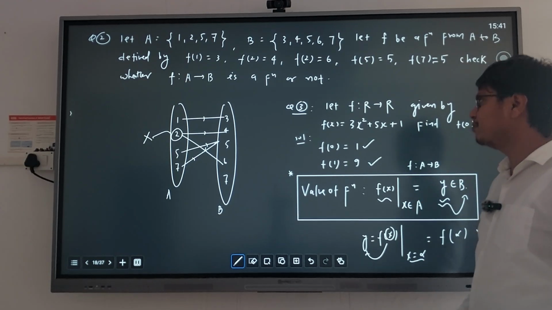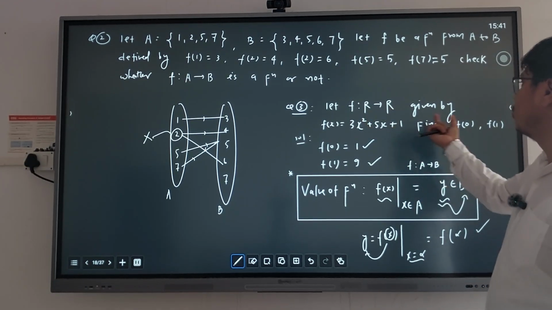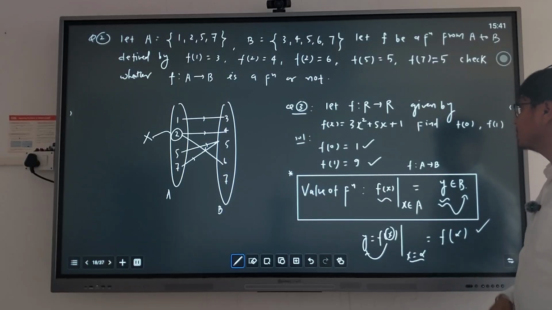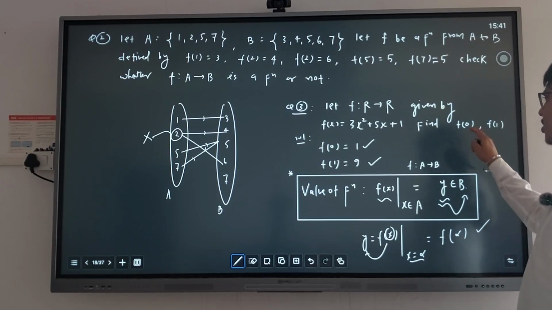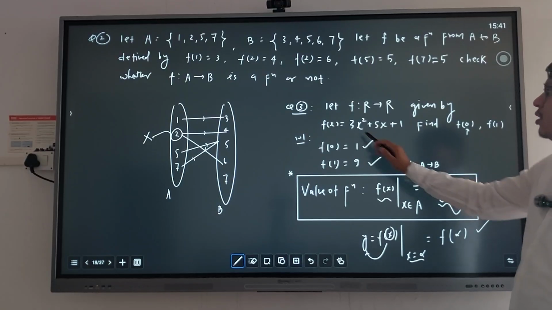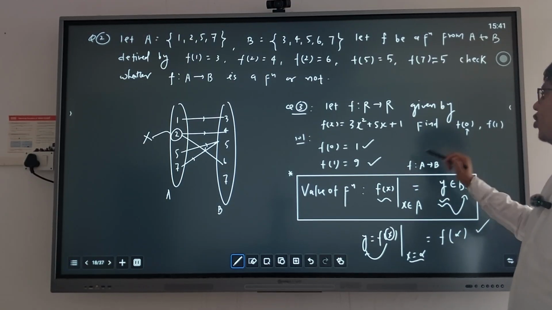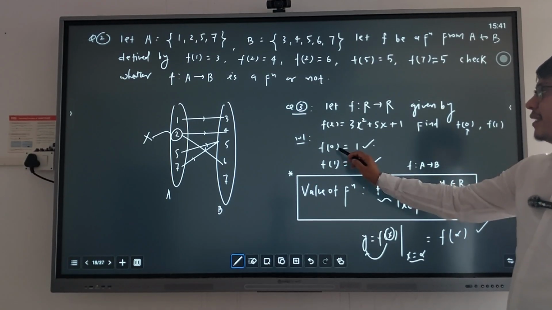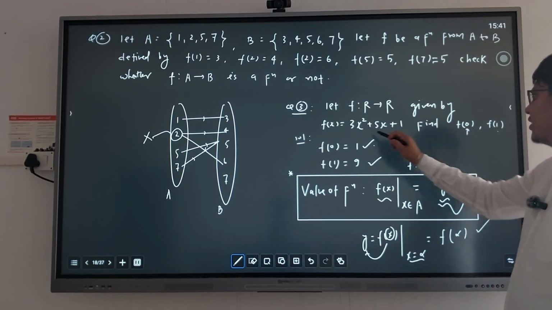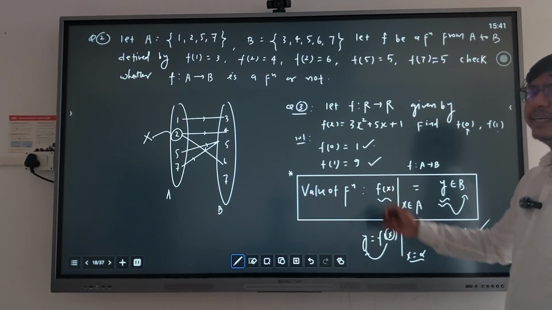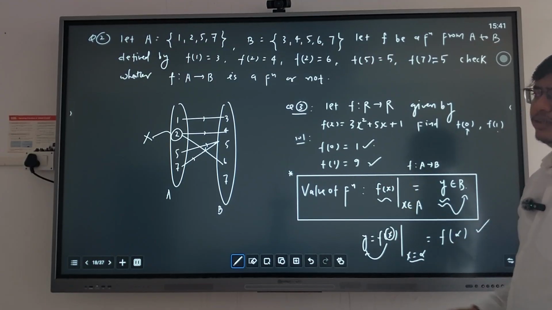Like we can take the example of a function defined from R to R and given by f(x) equal to this expression, and we have to find the value of f(0) and the value of f(1). So we just put x equal to 0 in this expression, and we get the value of f(0), that is the value of the function at x equal to 0. Next one, f(1): we put x equal to 1 in this expression and we get the value of f(1) like 9.